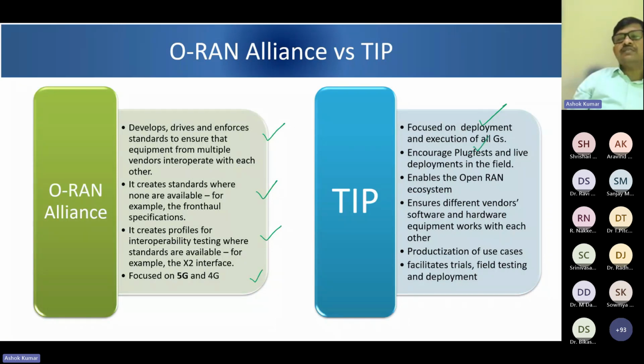They do plugfests, they do live deployment in the field, they enable the open RAN ecosystem. They ensure different vendor software and hardware interoperate with each other. Productization is one of the use cases. They facilitate field trials. So basically they are into developing an ecosystem around whatever standard is done by the O-RAN Alliance. That's the difference between O-RAN and TIP.